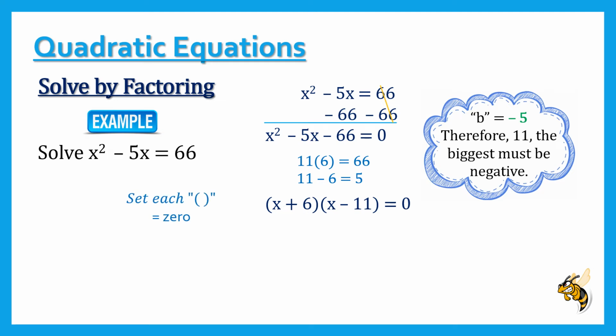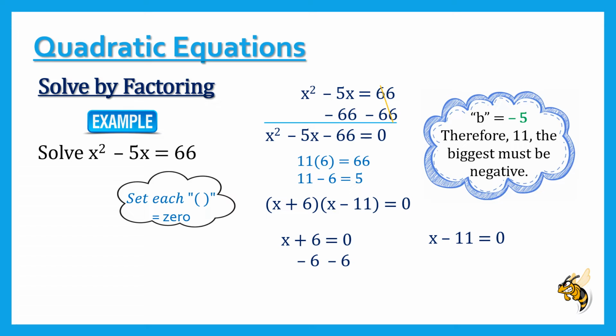Then we need to set each parentheses equal to 0. So we're going to have x plus 6 equal to 0. x minus 11 is equal to 0. Now we need to solve those two equations. The opposite of plus 6 is negative 6, so therefore I'm going to subtract 6 from both sides.